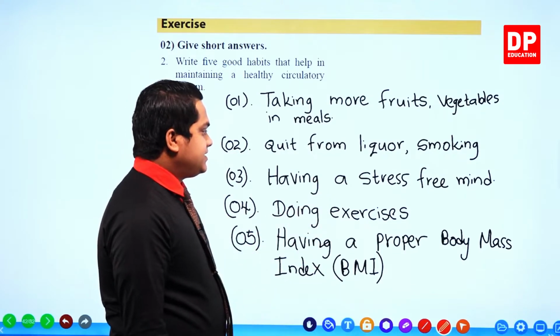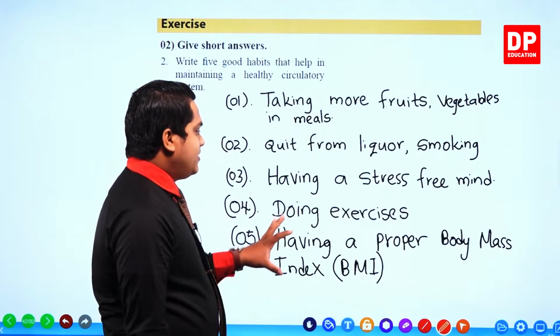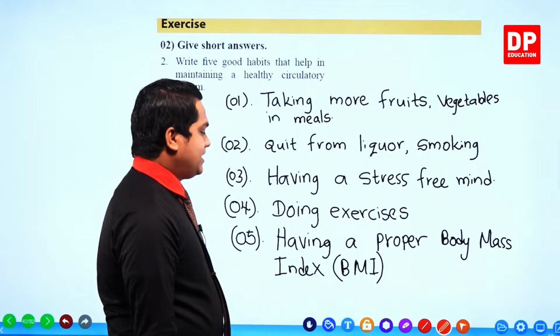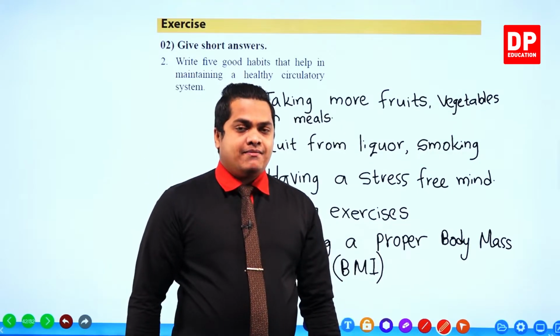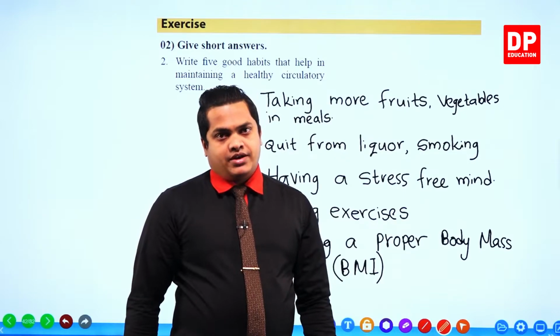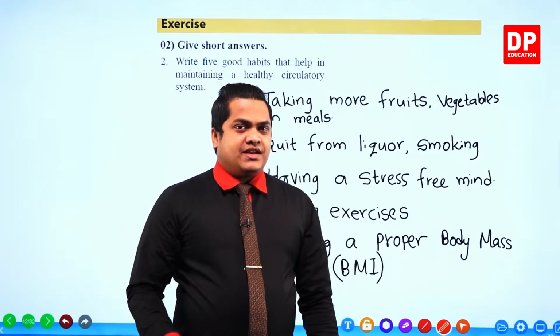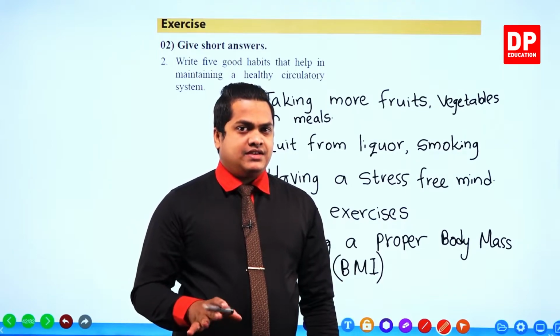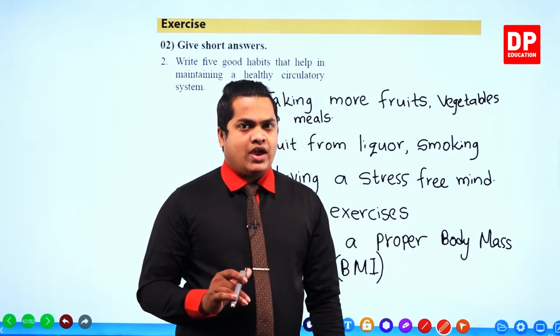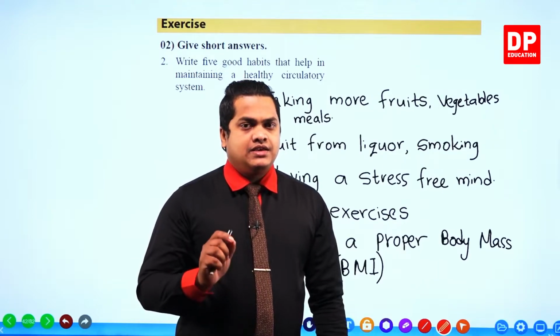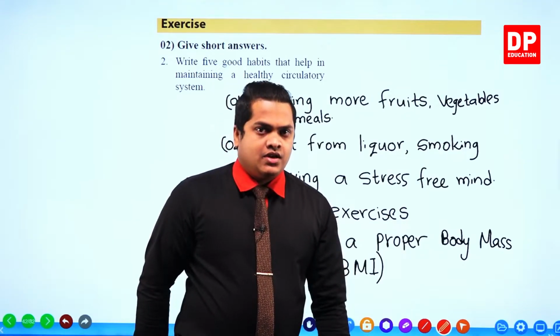Doing exercises. Then having a proper body mass index, a good BMI. So these are the steps that we can follow to have a good and healthy circulatory system.